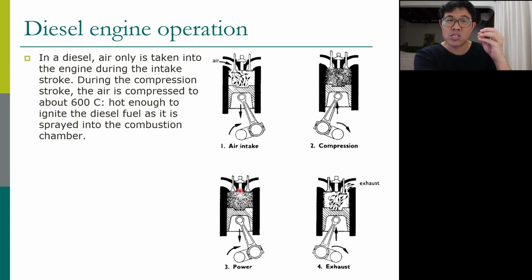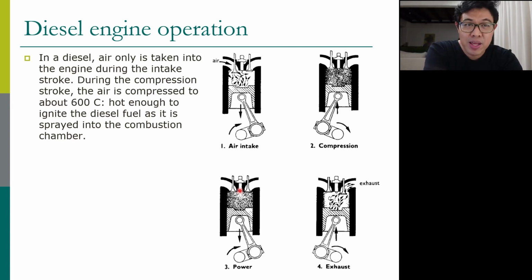But if you cannot spray the droplets properly, some diesel does not burn. That's why diesel has more smoke than gasoline. So as soon as you inject diesel, it burns, and then the rest is the same, right?